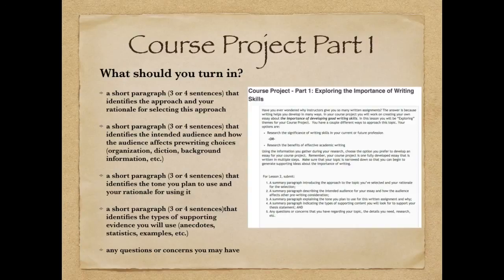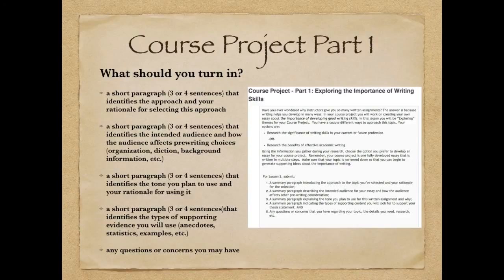Paragraph number two, a short paragraph that identifies the intended audience and how the audience affects pre-writing choices, the organization, the diction, the background, the information. Now, it's okay if you want to make your instructor your intended audience, but this assignment would be so much more beneficial for you if you were to create an imaginary audience. So let's say you were writing about the importance of writing skills in your career.